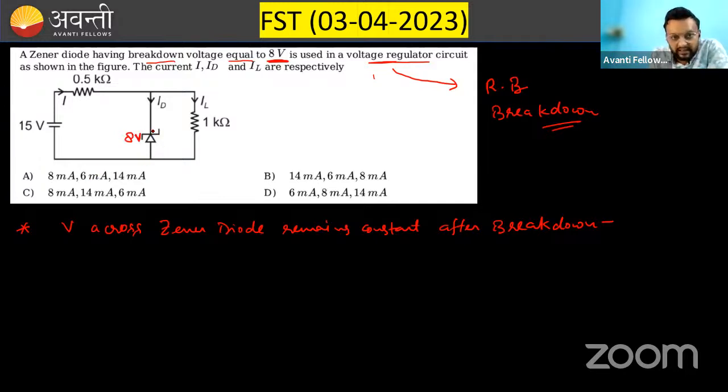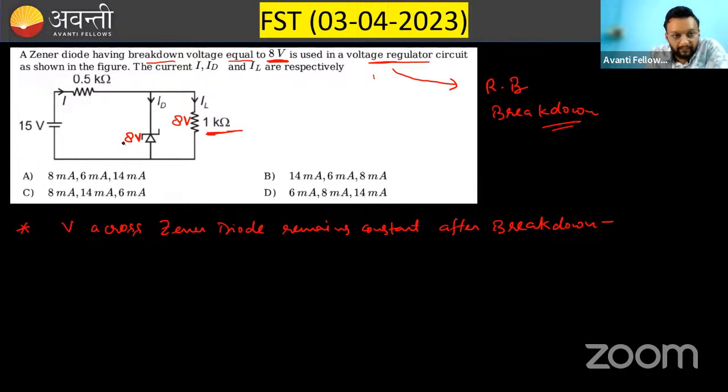Now, can you see that this Zener diode and this 1 kilo ohm resistor are in parallel? That means the potential across this 1 kilo ohm resistor is also 8 volt. This is how the questions are solved in Zener diode. The same question always comes.